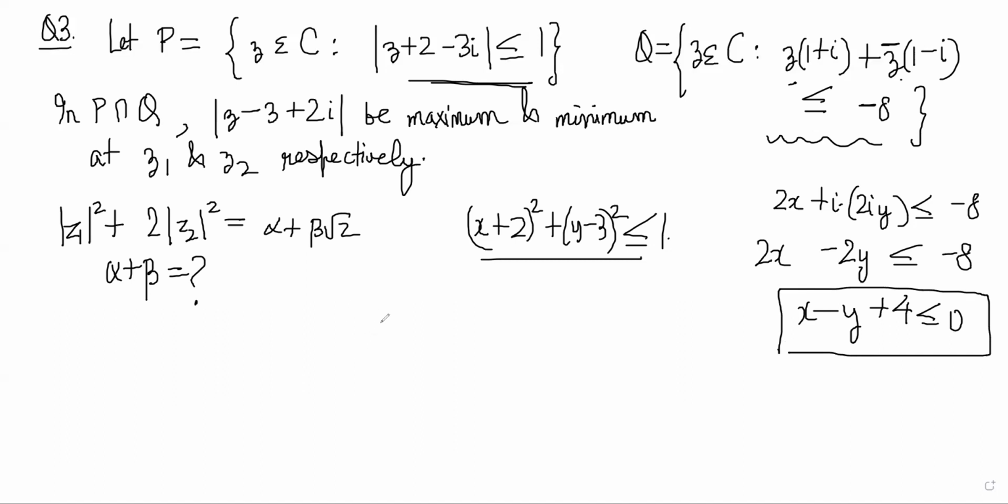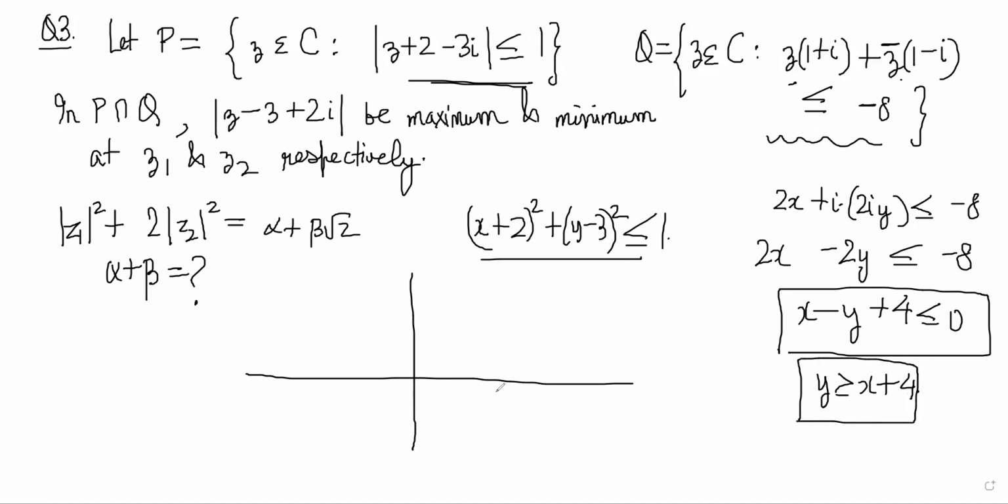So you should roughly draw the graph. This is basically y greater than or equal to x plus 4, right? Yes sir. You can easily draw the graph of y equal to x plus 4, like this, and y should be greater than or equal to x plus 4, so it is the upper region of this, right?